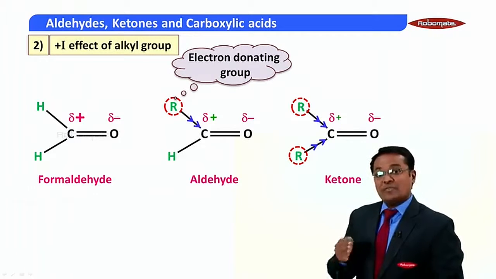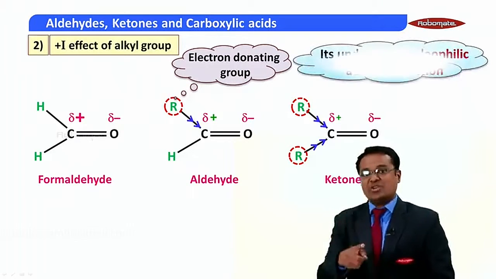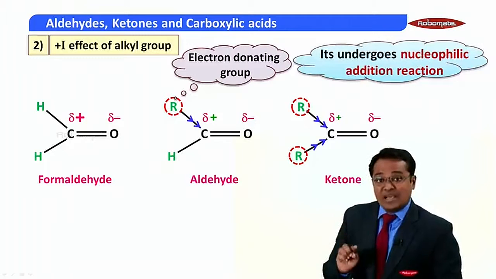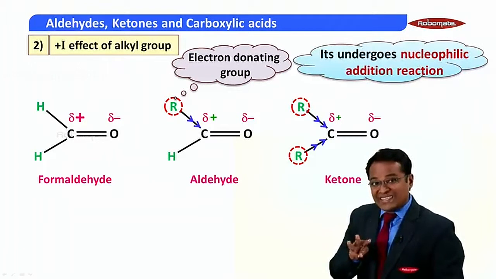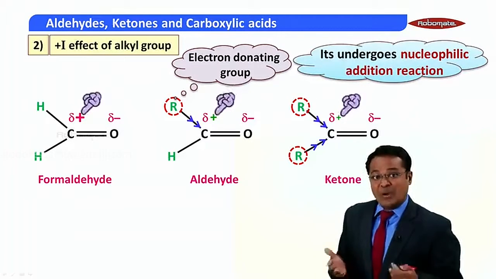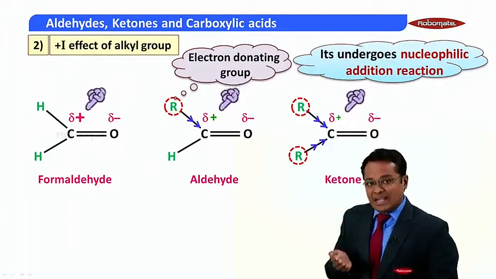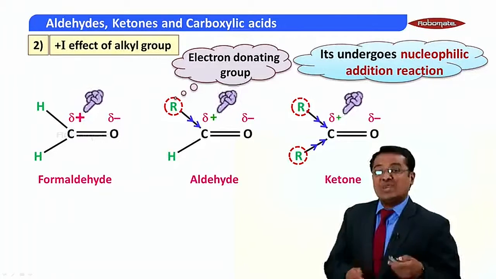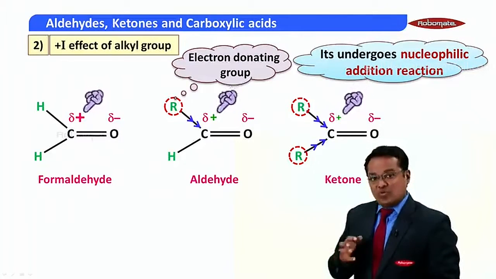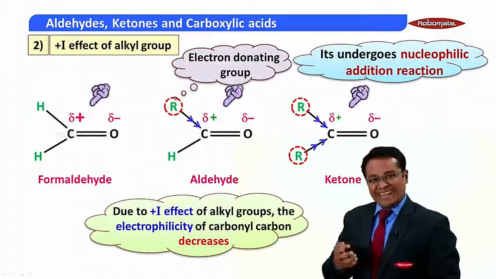Now if you remember, students, which reaction is it? It's a nucleophilic addition. So the nucleophile always goes and attacks where? The carbonyl carbon. In all those three cases, the delta positive is maximum in formaldehyde, less in aldehyde, and least in ketone. So can the nucleophile attack easily?